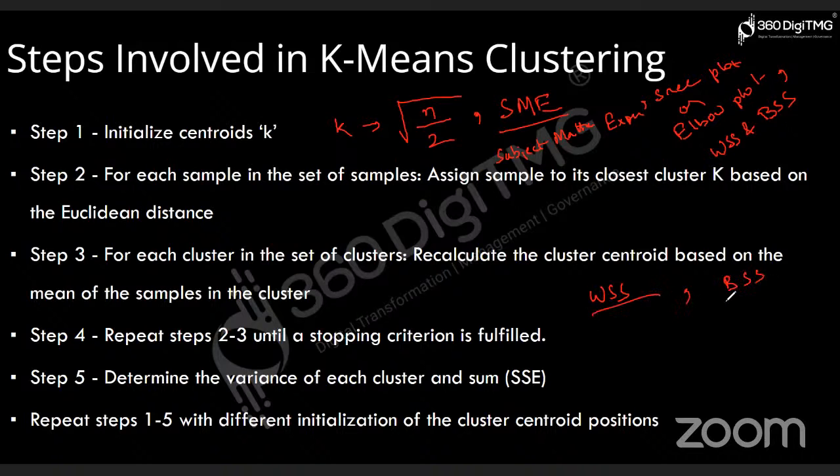So what is this WSS? What is this BSS? Let us know this first. WSS is known as within sum of squares, and BSS is known as between sum of squares.